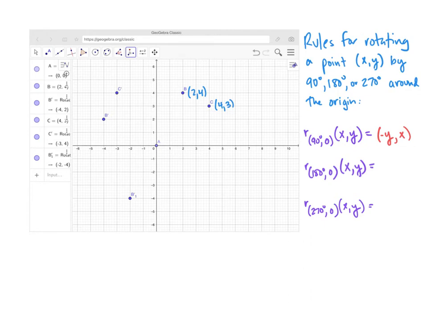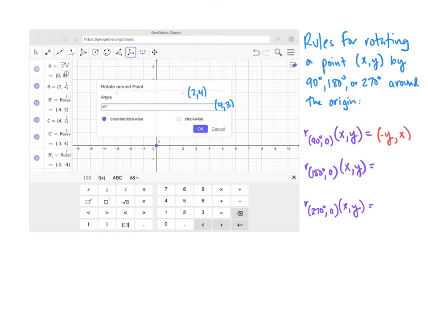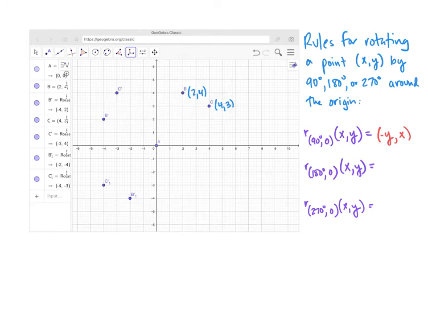So B goes down to there, and let's do the same thing with C. Again, we're going to do 180 degrees around the origin, and it goes there. Now let's label these points. So B ended up being at -2, -4, and C ended up being at -4, -3.